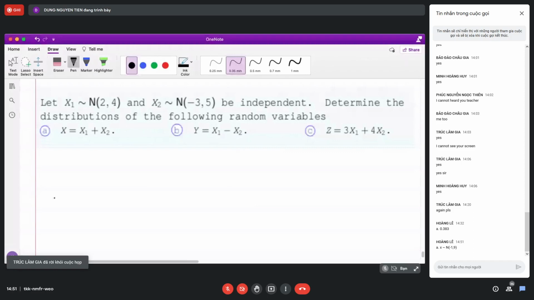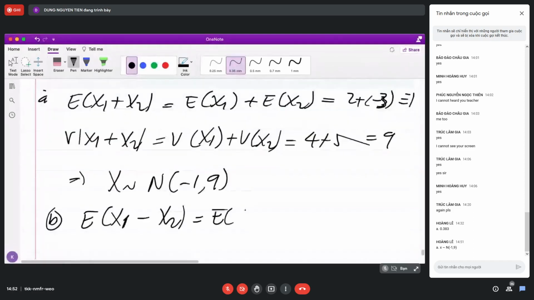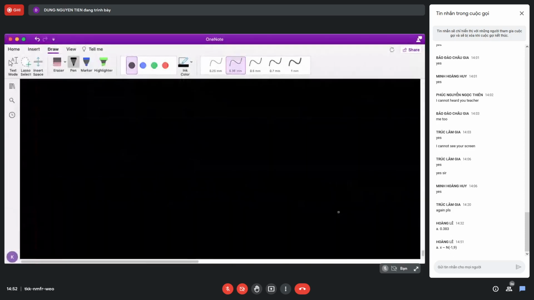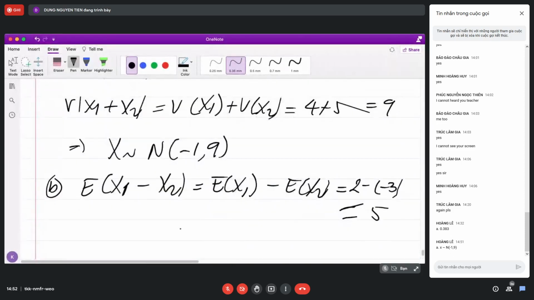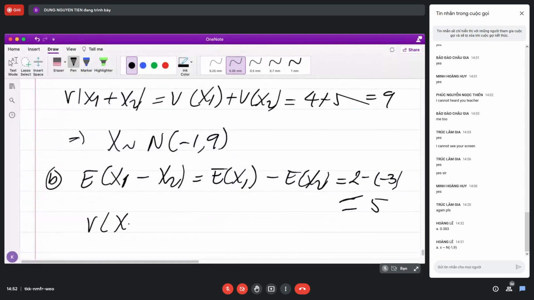So question B, I need to find the mean of X1 minus X2, and I get the mean of X1 minus the mean of X2, and that is 2 minus -3. So I get 5 for this. The variance of X1 minus X2 is simply the variance of X1 plus the variance of minus X2.